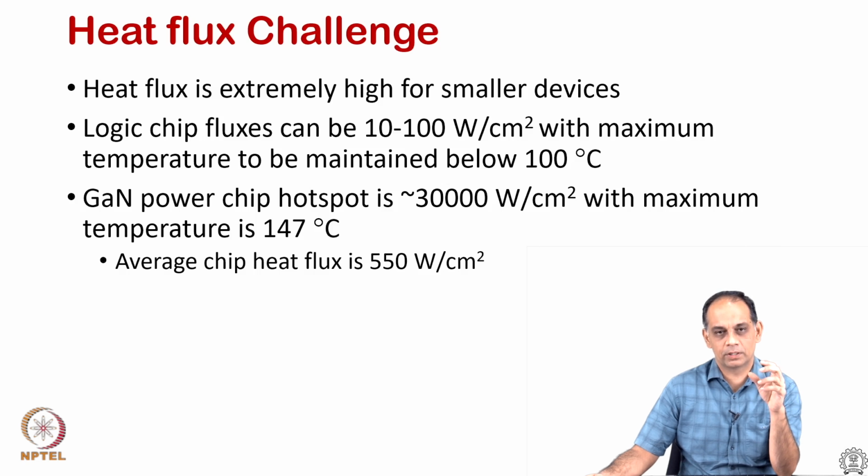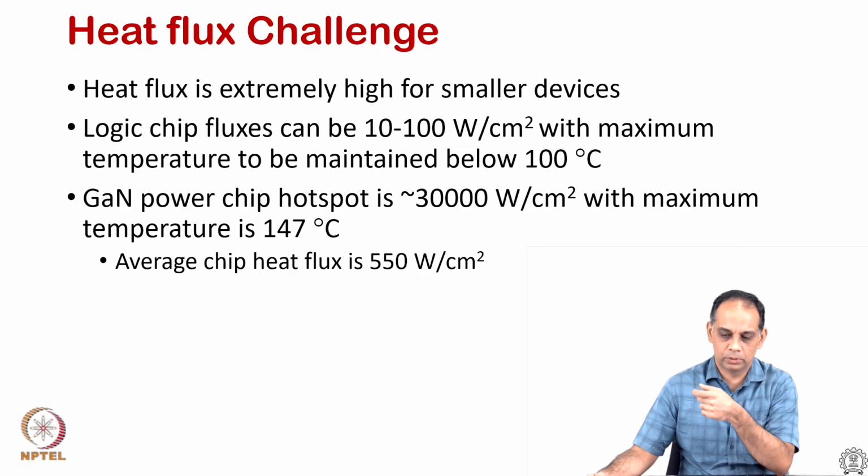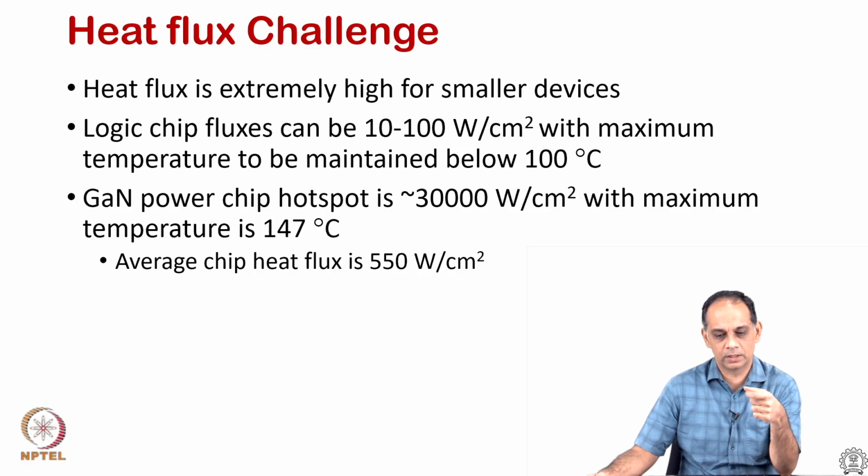As we discussed previously, the temperature effects are felt all the way from smaller devices like a transistor or a package to all the way to the data centers. At the smaller scales, where the processors or the power devices are kept in power electronics, the fluxes are extremely high.